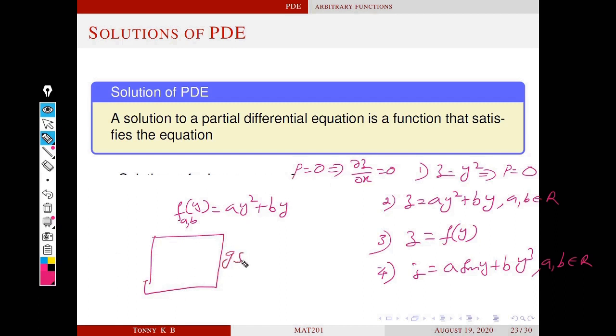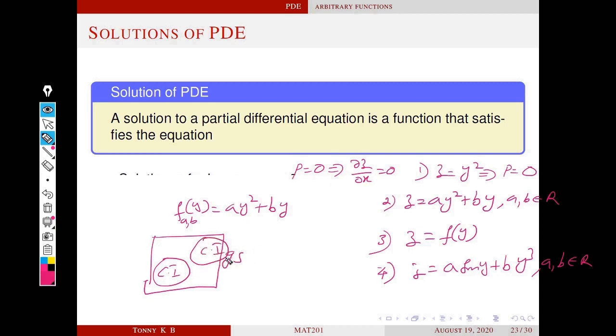Suppose this is our general solution. Then the complete integral is a subset of this general solution. Similarly, you can derive the other complete integral from this general solution if you choose functions of the form f of y as a into sin y plus b into y cube, a function of y. So this is another complete integral.